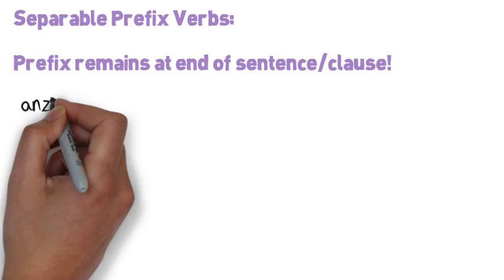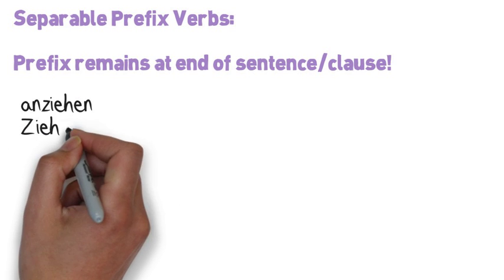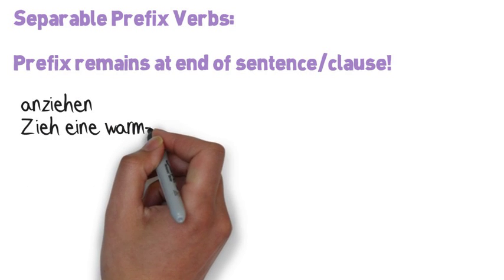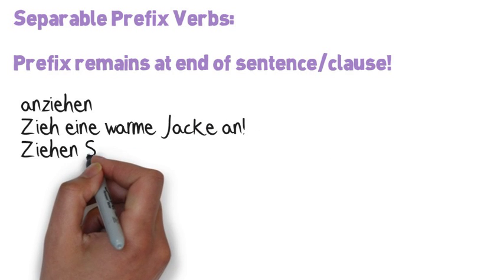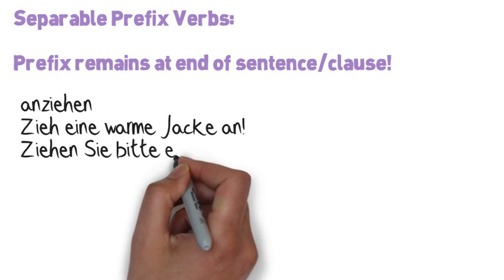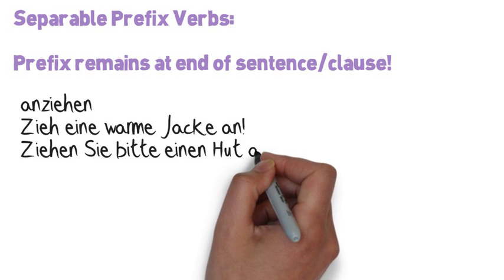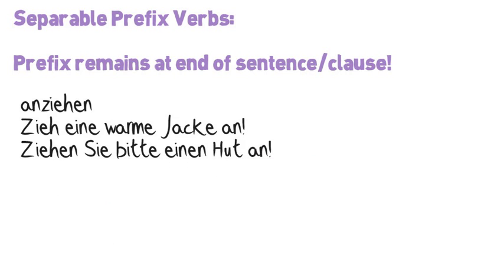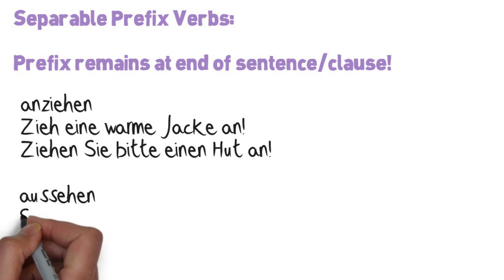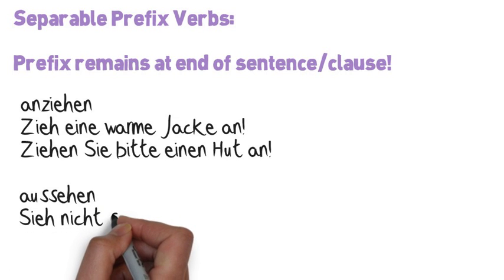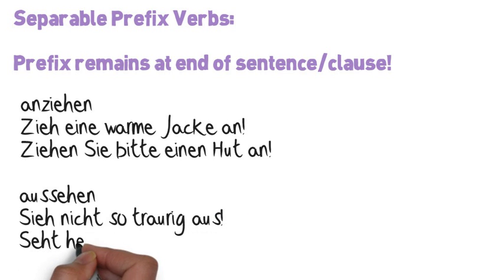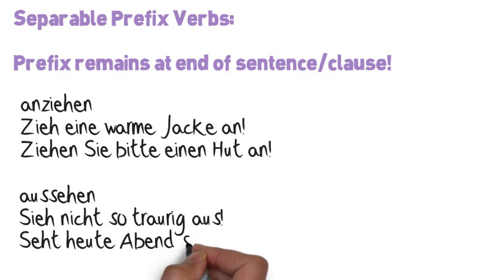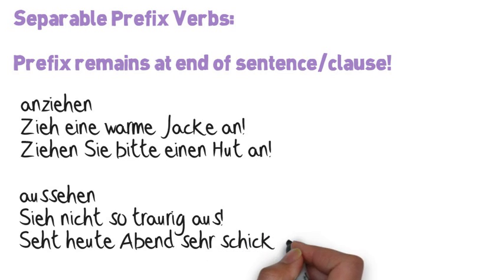For instance, if you were to use anziehen, the an would be at the end, as in zieh eine warme Jacke an, or ziehen Sie bitte einen Hut an, for a formal command. If you use the verb aussehen, the aus would be at the end, with the rest of the verb conjugated appropriately for the type of command you're making. Sieh nicht so traurig aus, seht heute Abend sehr schick aus, ja?